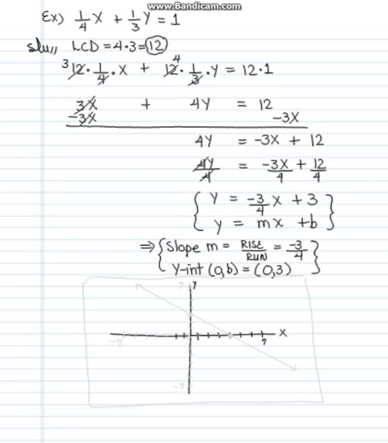Negative 1, negative 2, negative 3, negative 4, negative 5, negative 6, negative 7. Up 1, 2, 3, 4, 5, 6, 7. Down negative 1 through negative 7. And of course here is 0, 0.